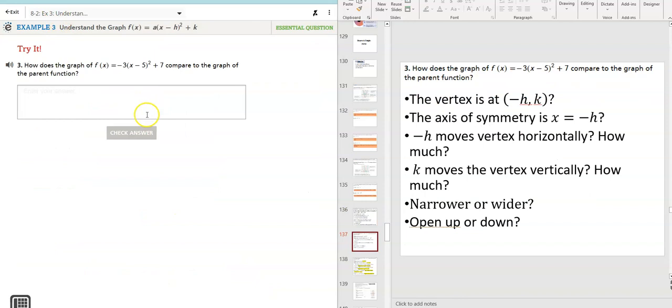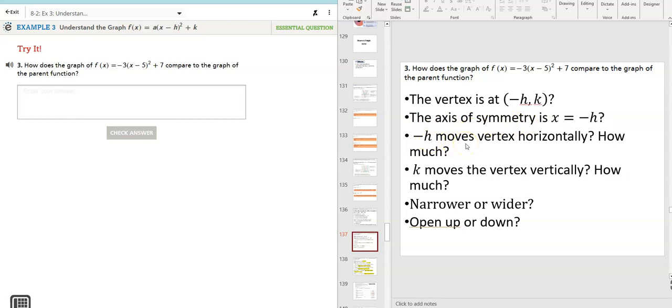Okay, so now that you have those facts written down, we're going to compare this new function here to the parent function in vertex form. And you're going to basically answer these questions about what's going on, okay? So with this new formula, where is the vertex at? Write that down. With this formula, where is the axis of symmetry?